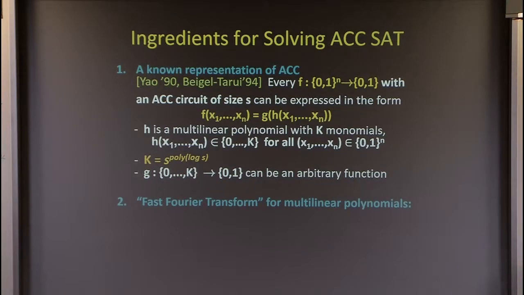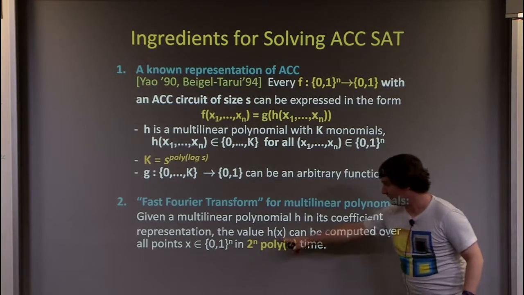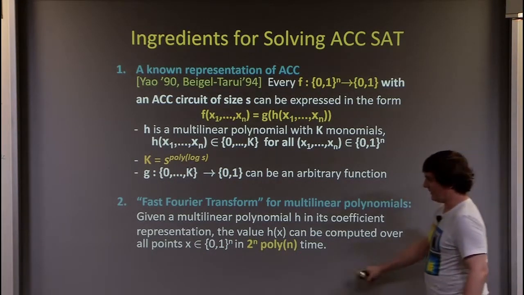and the algorithmic part is a fast Fourier transform for multilinear polynomials. So given a multilinear polynomial h and its coefficient representation, so I'd give you the value of all its coefficients for all the 2 to the n possible monomials. There are no squares, so there's 2 to the n possible monomials at most. Then its value, h of x, can be computed over all points in the Boolean hypercube, 0, 1 to n, in 2 to the n times poly n time.